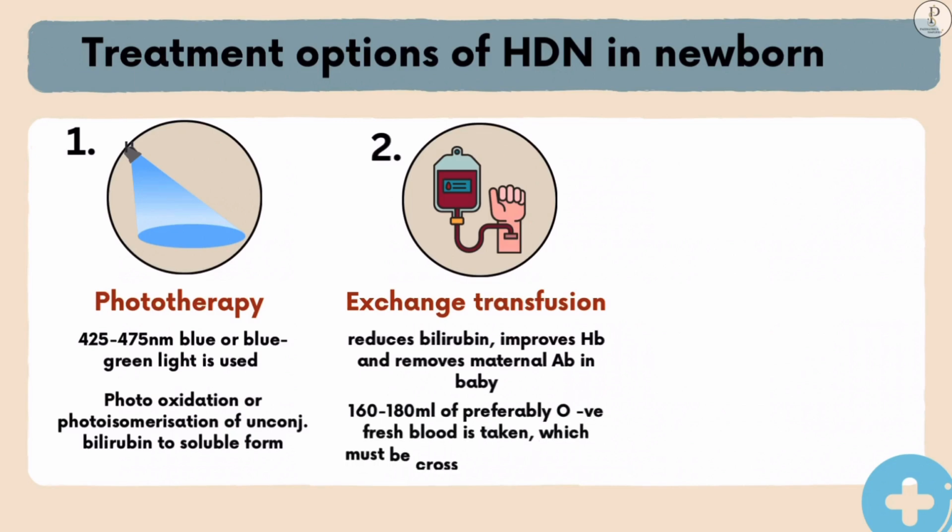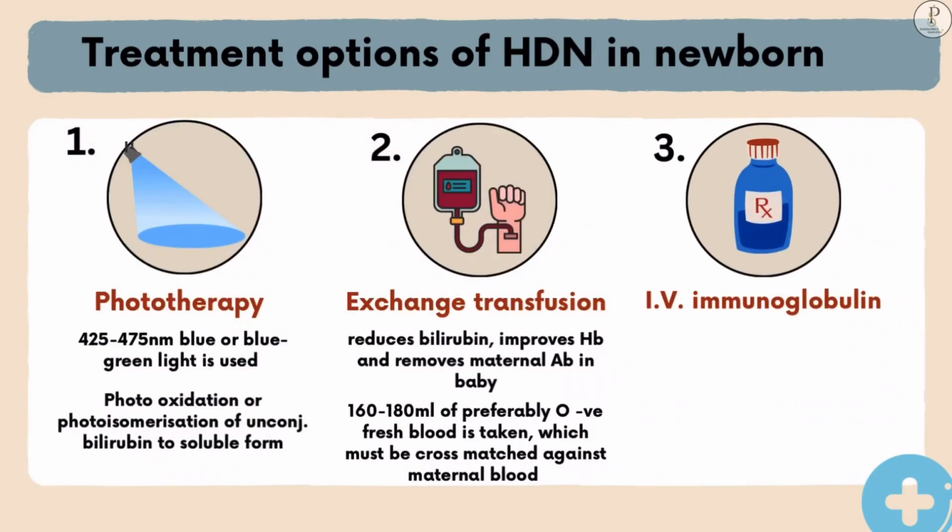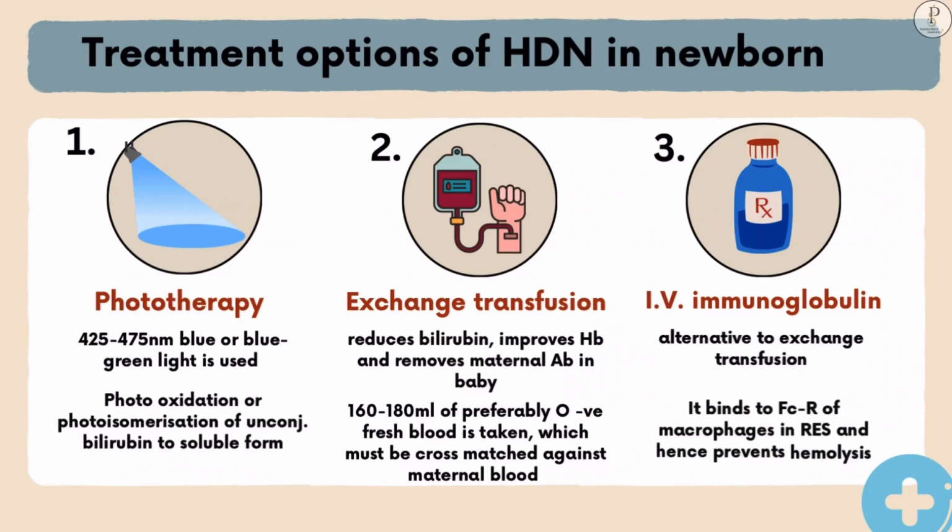For double volume exchange, 160 to 180 ml of preferably O negative fresh blood is taken, which must be cross-matched against maternal blood. Next is IV immunoglobulin, which is another alternative to exchange transfusion. It binds to Fc receptor of macrophage of reticuloendothelial system and hence prevents hemolysis.